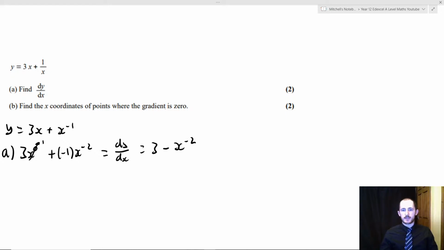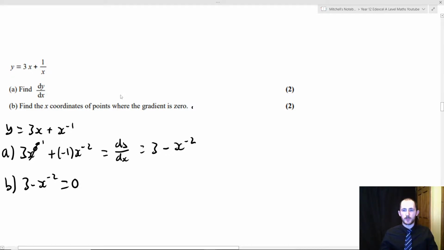Okay. Now it says find the x coordinates of the points where the gradient is 0. Now where the gradient is 0 is our turning points, but we don't need to differentiate again. When you want to find the coordinates of the turning points, you only take the first differential, so this thing. So all I'm doing is solving 3 minus x to the minus 2 equals 0.